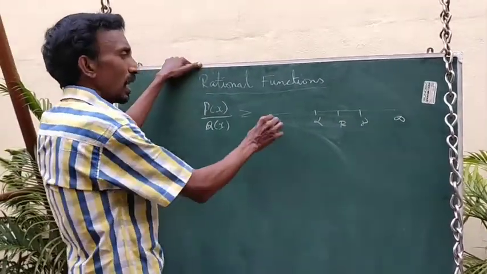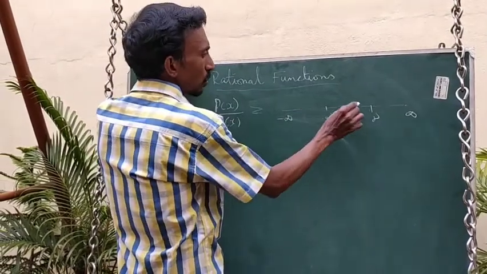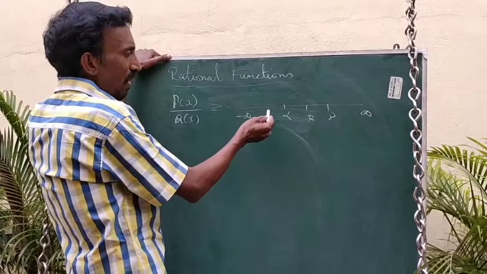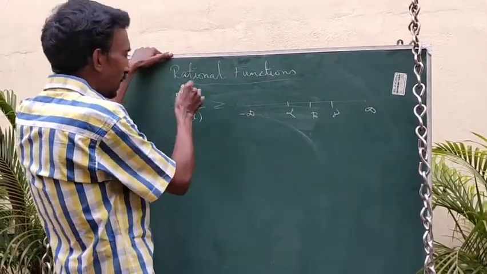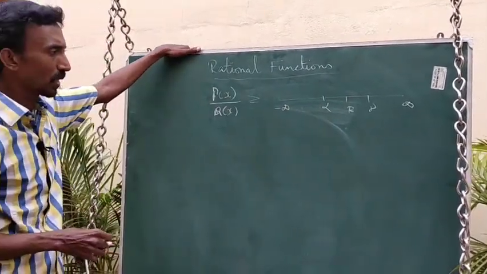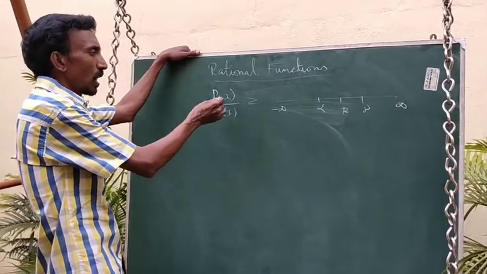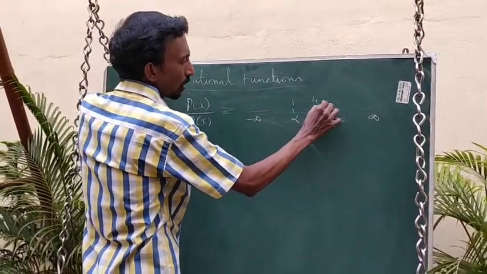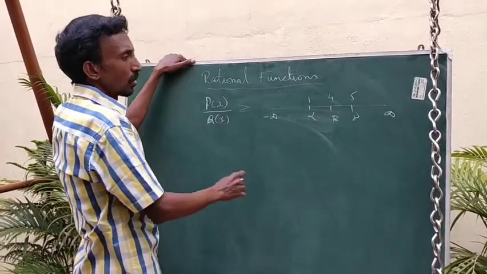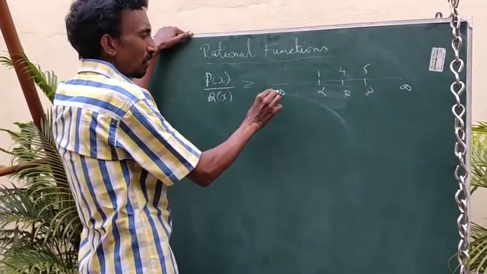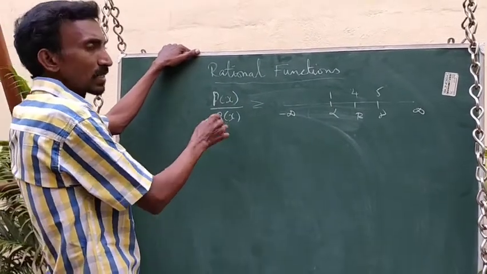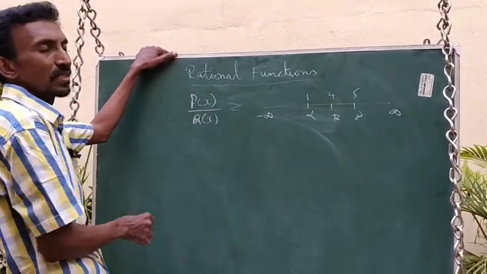So now the real line is divided into 1, 2, 3, 4 sub-intervals. Now put any value from each interval in the rational expression. If you want, you can substitute. Put any value between minus infinity and alpha in p of x and q of x separately and decide the sign.